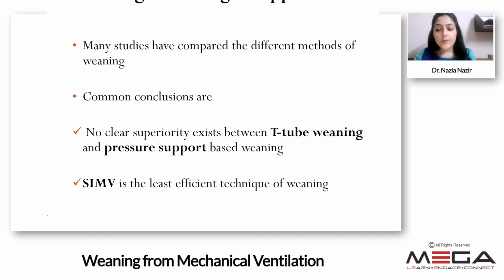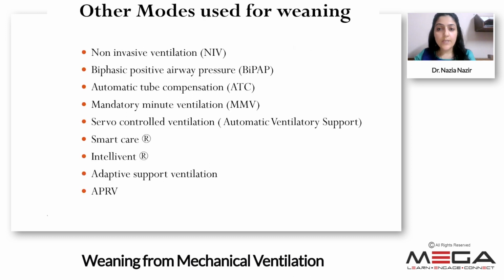Now, as previously mentioned, no form of ventilation is superior to the others. Similarly in weaning, many studies have compared different methods of weaning. The common conclusion is that no clear superiority exists between different weaning methods, whether T-tube weaning or pressure support weaning. But SIMV is now considered the least efficient technique of weaning.